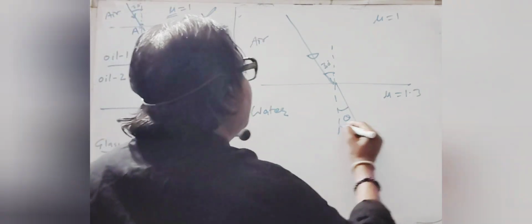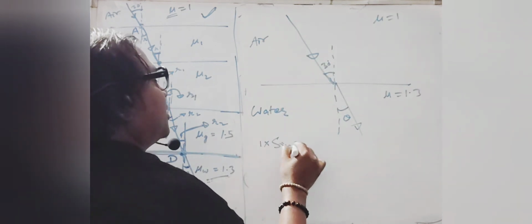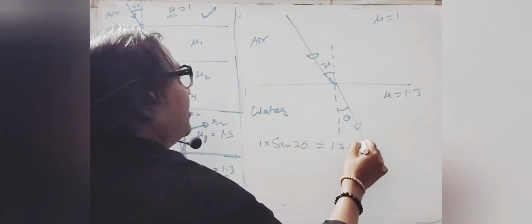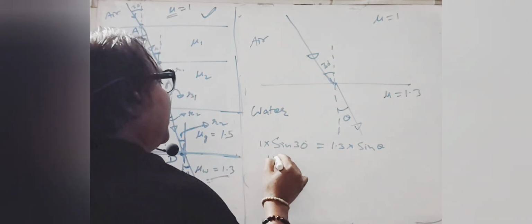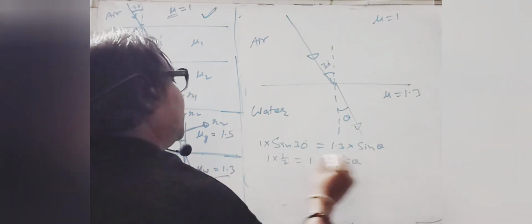So write the Snell's law equation: first medium refractive index 1, first medium angle 30 degrees, second medium refractive index 1.3, second medium angle theta. So it is 1 into 1 by 2 equals 1.3 into sine theta.